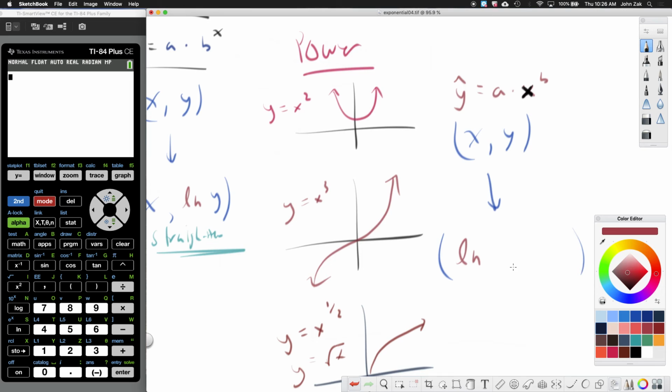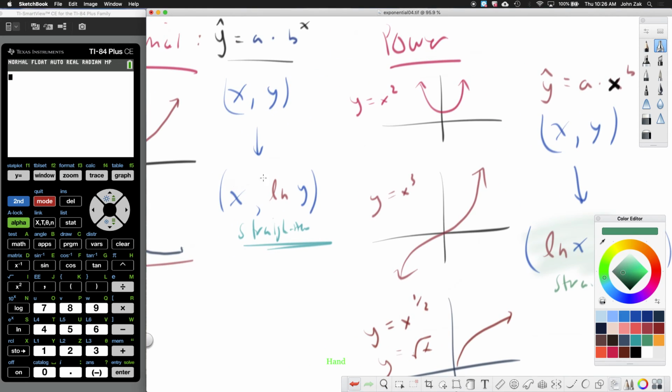We're going to take the natural log of both the x and the y, the natural log of x plotted against the natural log of y. And if we find that this becomes straight, then that means that there's a power relationship between our variables, right? However, if we find that the plot of x against the natural log of y is straight, then we'll see that there's an exponential relationship.